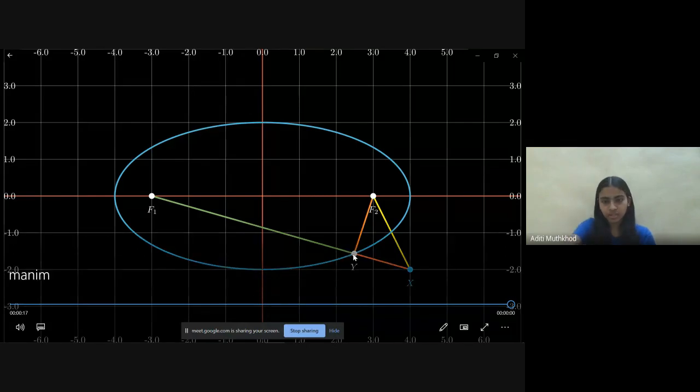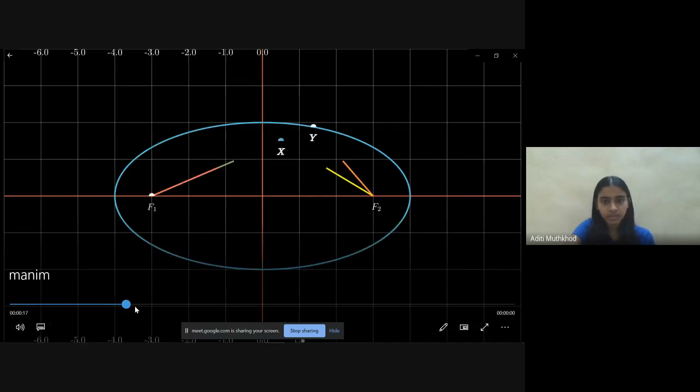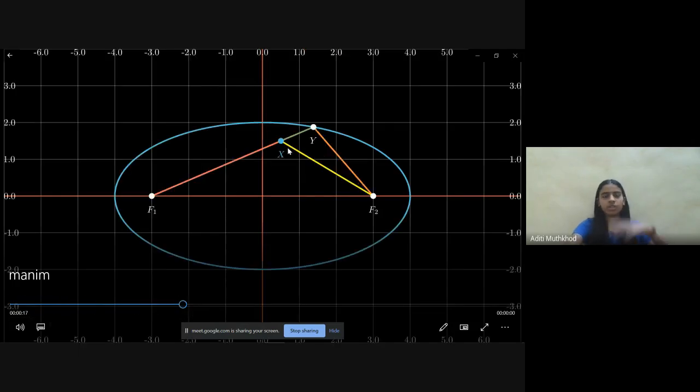So for example, this point y satisfies that yf1 plus yf2 is constant wherever you go on the ellipse. Now we have to prove what the sum is for some random point x, either inside or outside the ellipse. For example, we take this random point which is inside the ellipse.